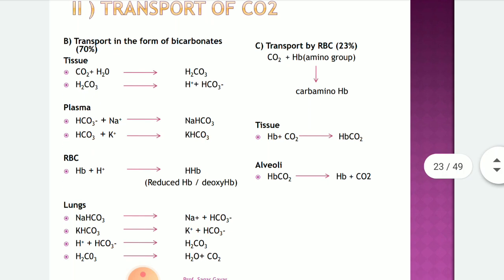So transport of carbon dioxide can be divided into three parts: 7% in the dissolved form, then 70% in the form of bicarbonate, and 23% by hemoglobin. So 7% by plasma, 70% in the form of bicarbonate, and 23% by RBC.